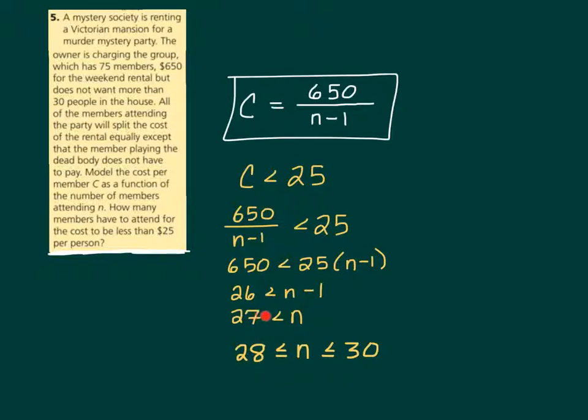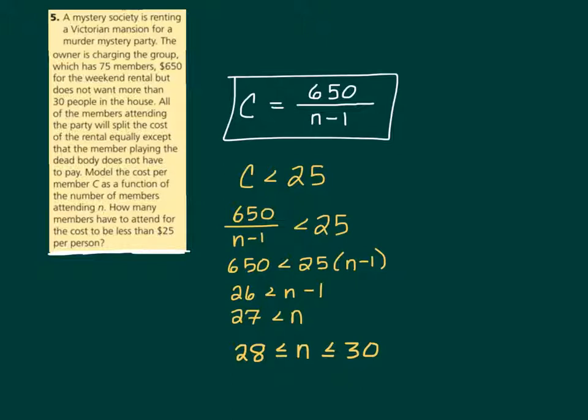Why am I allowed to ignore all the little decimal points in between 27 and 28? You can't have a fraction of a person. Exactly. So you could have 28 or more. Where does the less than or equal to 30 come from? Because he wants no more than 30 people in the house. So you have to have 28, 29, or 30 people if you want the cost to be less than $25.